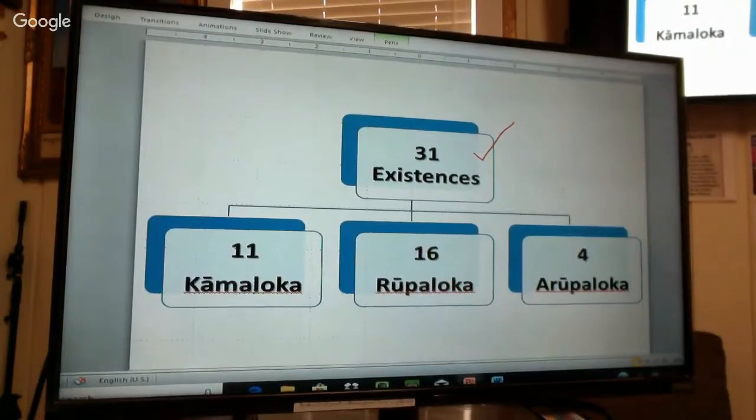11 are called Kama Loka. Kama here means sense things, and Loka means sphere, the place for living beings to live and stay. So Kama Loka means the sense sphere.